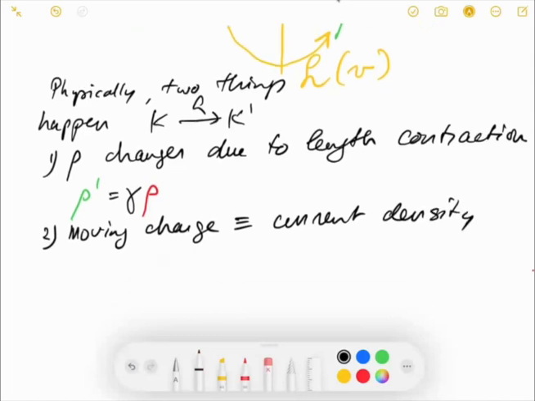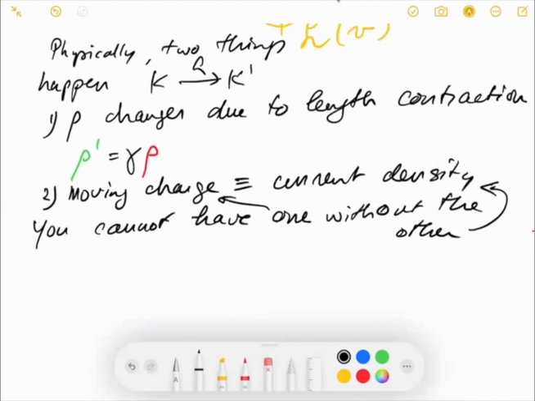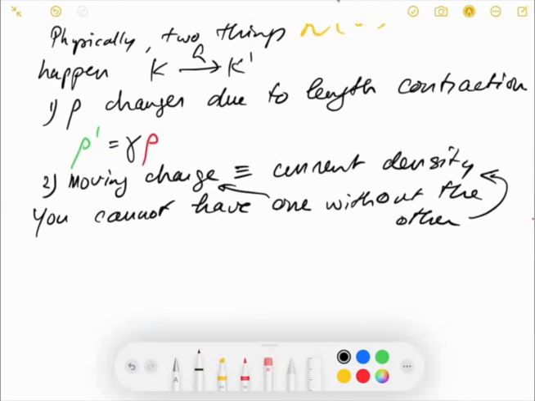And you cannot have one without the other. Now, of course, if this moving charge happens to be neutral, then of course current density is also zero. Of course, there are trivial zero cases, but that's not what we're talking about.